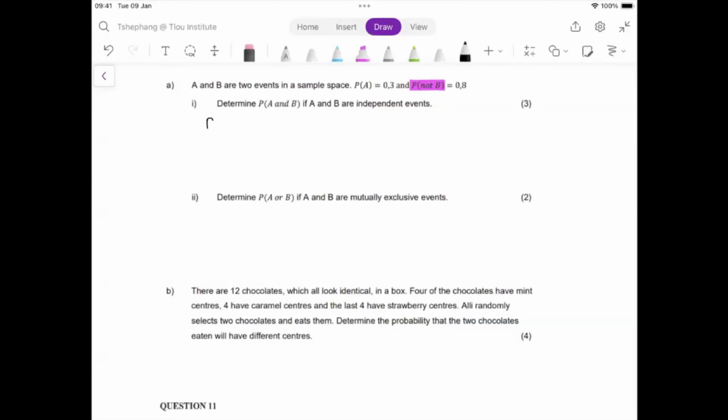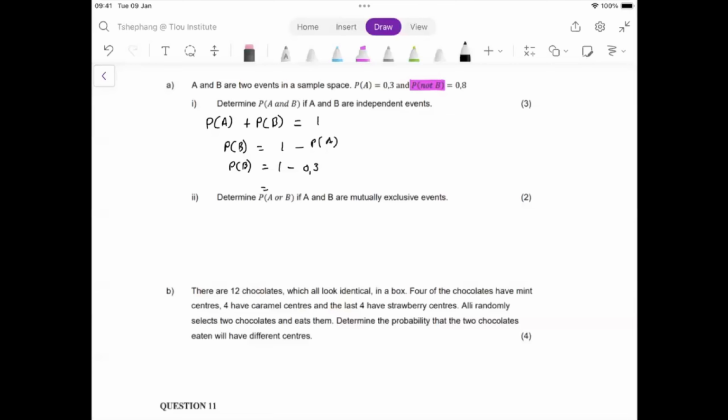If events are independent, the probability of A plus the probability of B, the sum is going to give me 1. Now it means that the probability of B is simply 1 minus the probability of A, which means that the probability of B will be 1 minus 0.3.